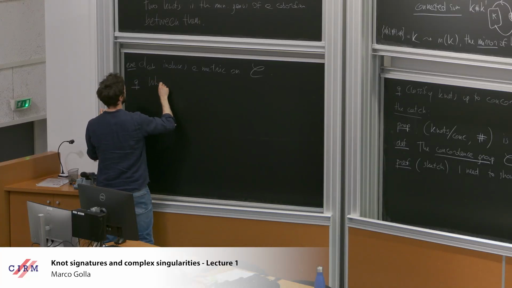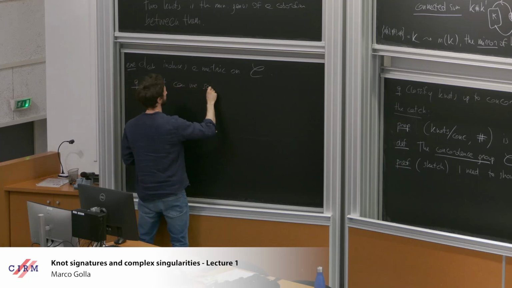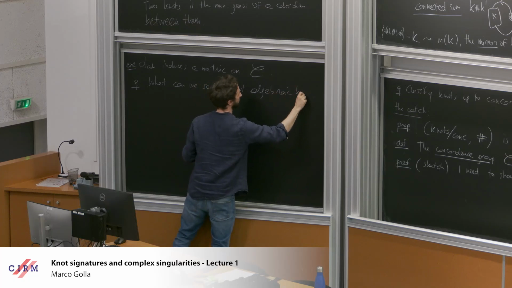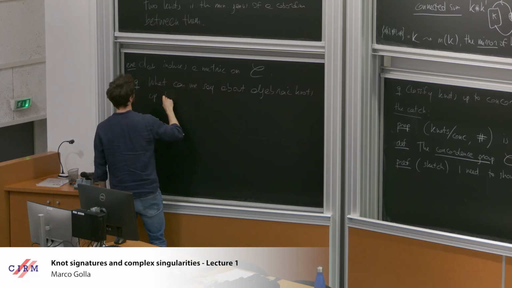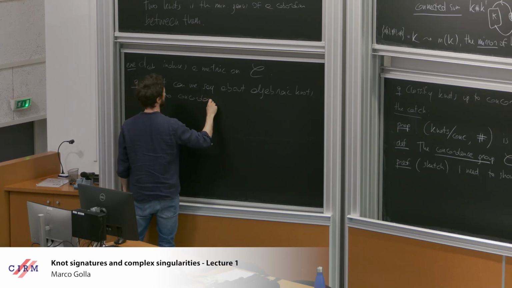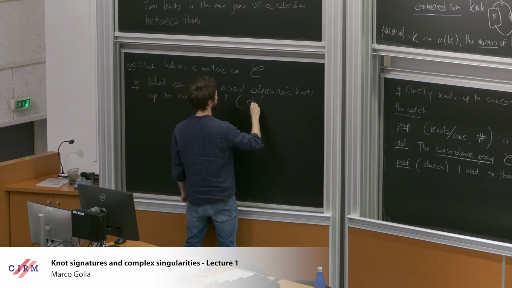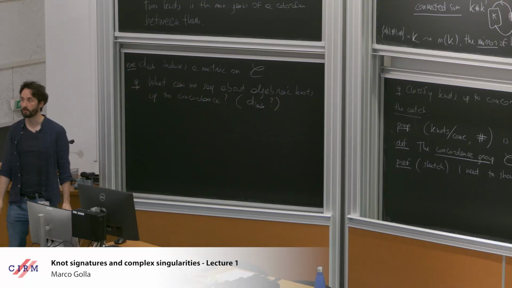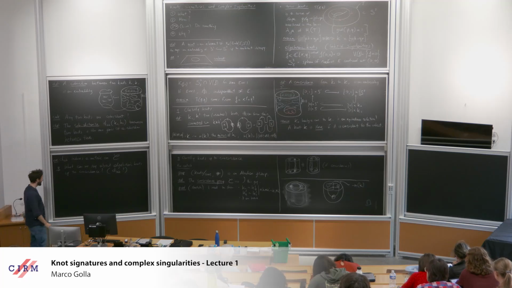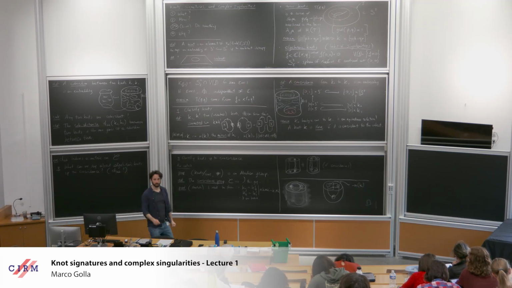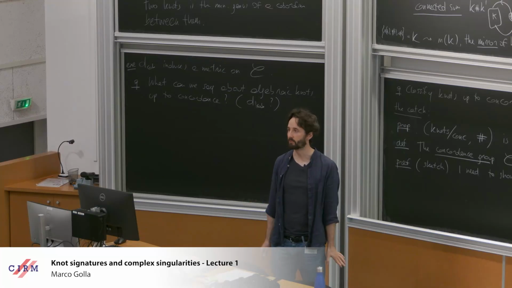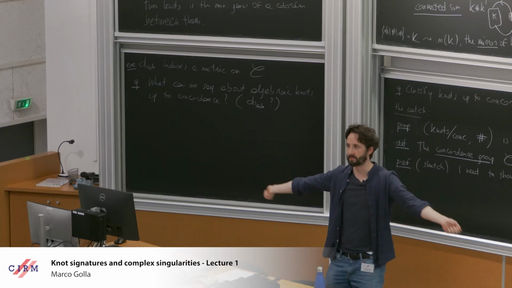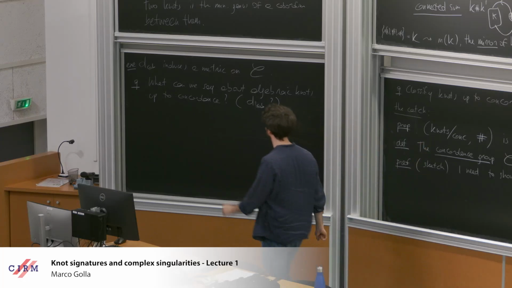So what can we say about algebraic knots up to concordance? Or maybe, bonus question, what is the cobordism distance on algebraic knots? And if you want to know why, you have to wait until Thursday. But I promise that I will give you some motivation for looking at these objects. It's not just randomly picking two concepts and mixing them together. I swear that there's something behind this.